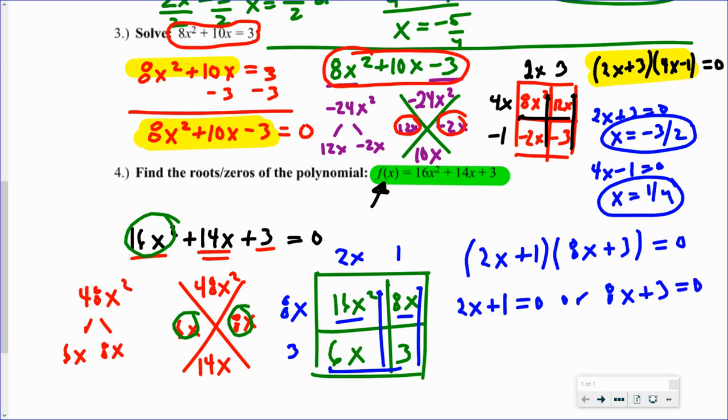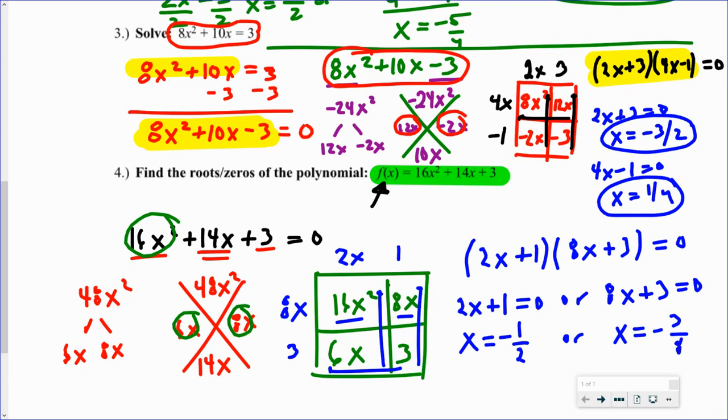I'm going to subtract 1 from both sides in that first equation and divide both sides by 2. We're going to get x equals negative 1/2. Or subtract 3, divide both sides by 8. We're going to get x equals negative 3/8.